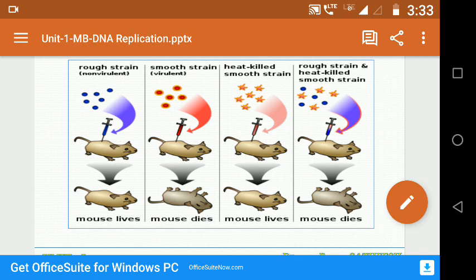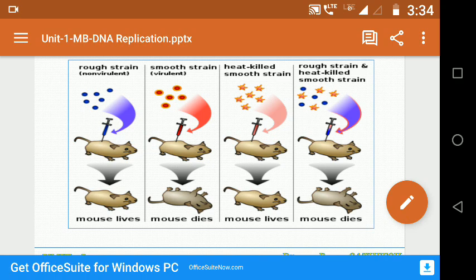Later, Avery, MacLeod, and McCarty, these are the three scientists who injected purified carbohydrates from the heat killed strain, purified lipids, purified proteins, and purified nucleic acids into the mice. Only those mice injected with purified nucleic acids plus rough strain died. That caused the transformation.